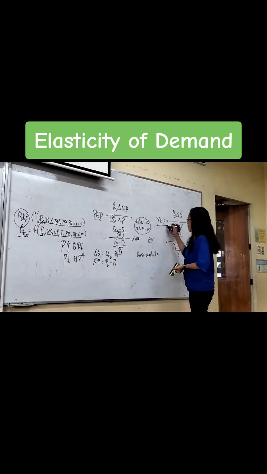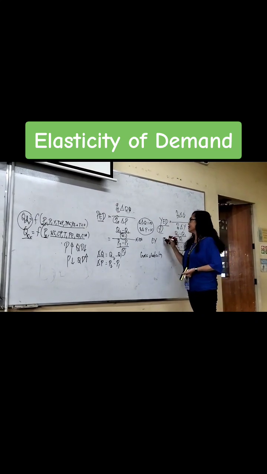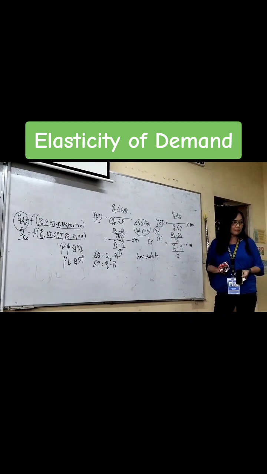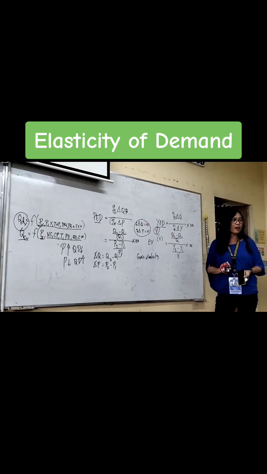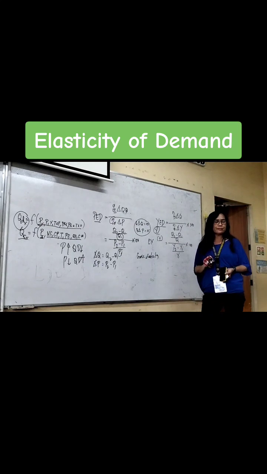Going back to income elasticity, if the elasticity coefficient is positive, what type of goods? Is it substitute or complement?